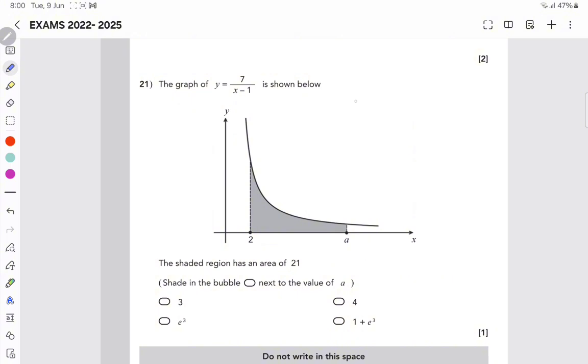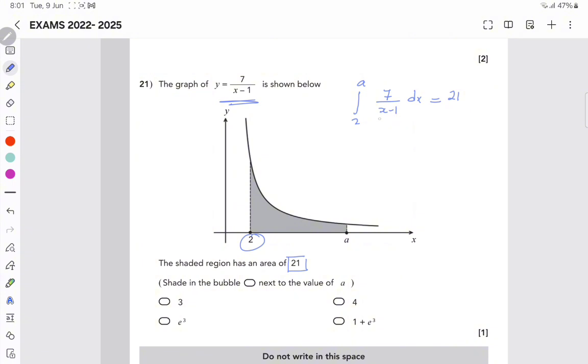He said here the shaded region has area of 21. So he studied that in grade 11: area equals the integral from 2 to a of the given curve 7 over x minus 1, with respect to x, and the area equals 21.